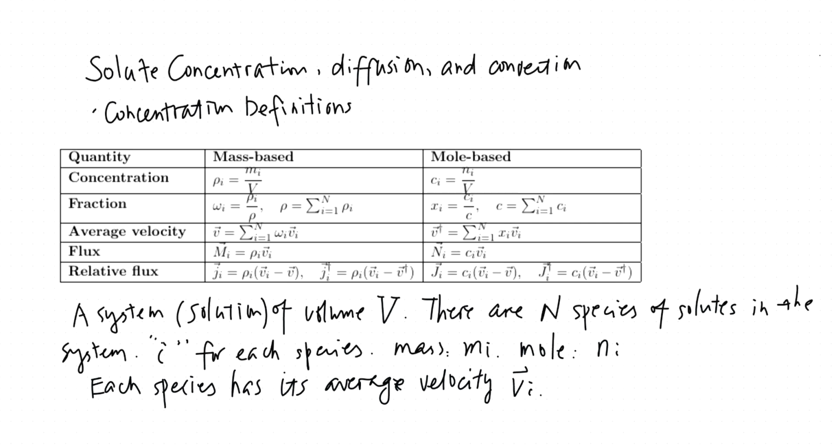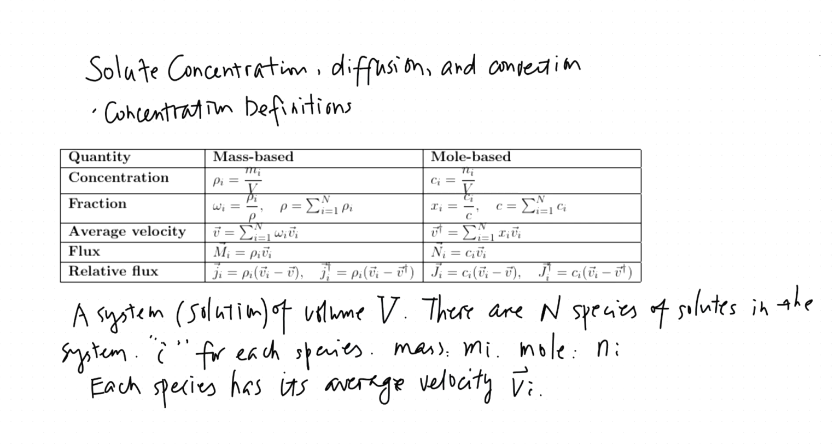Now let's look at the two ways we can define concentration. The first is mass-based. So we call it rho I. Rho I is the mass of the species divided by its volume. It's the same as density. If you recall in fundamental physics, when we define density, it's just mass divided by volume. So density can also be interpreted as mass-based concentration.